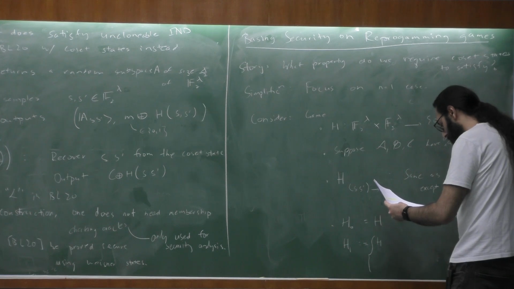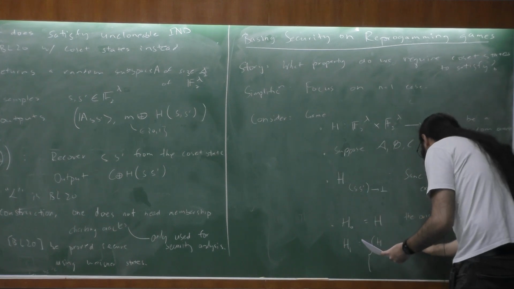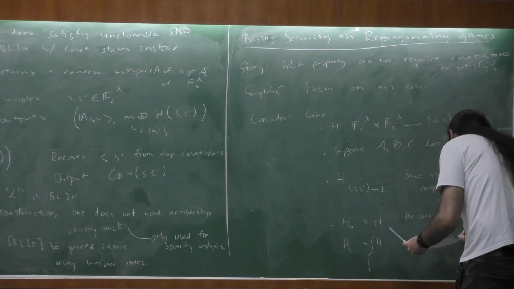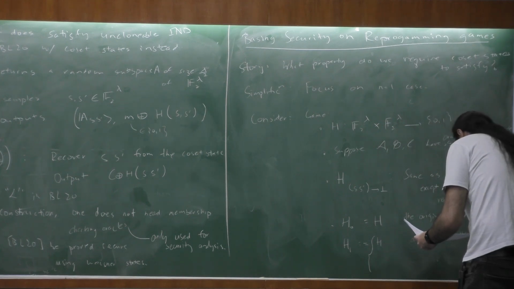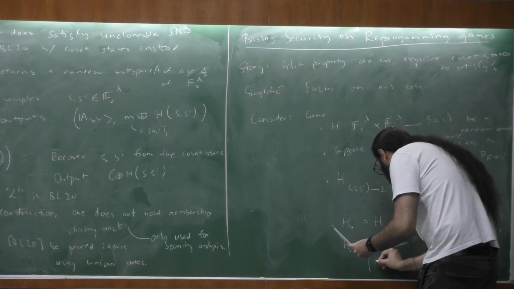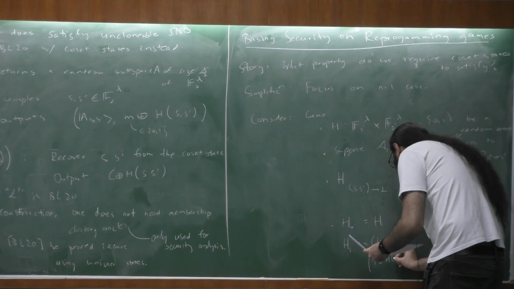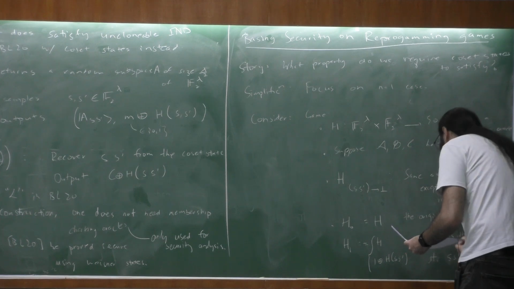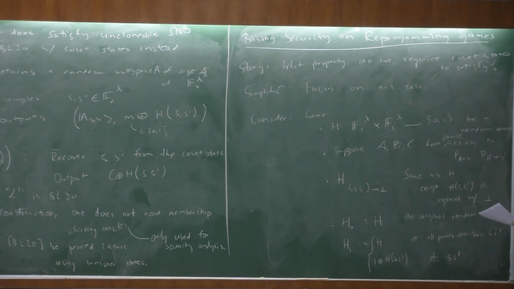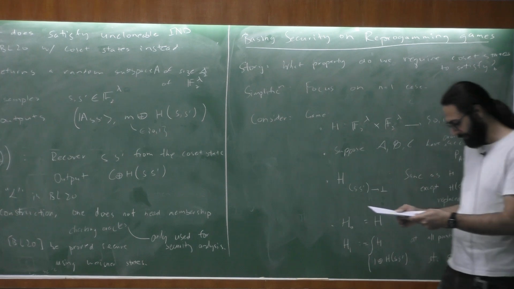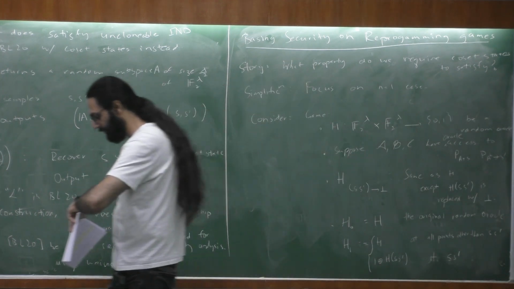It's H at all points other than SS', and at SS' it is 1 XORed with H(SS'). So H0 is the same as the random oracle. H1 just XORs 1 at SS'. Okay, I think let's stop here.